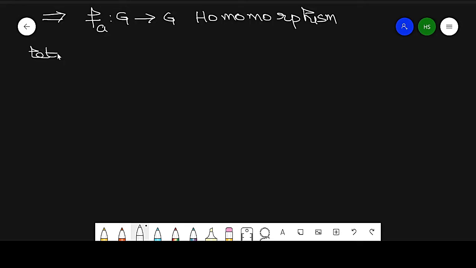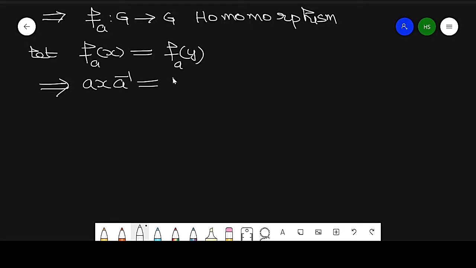So this map f_a from G to G is a homomorphism. Now next is one-one. I take f_a(x) equal to f_a(y), which implies a x a inverse equals a y a inverse.